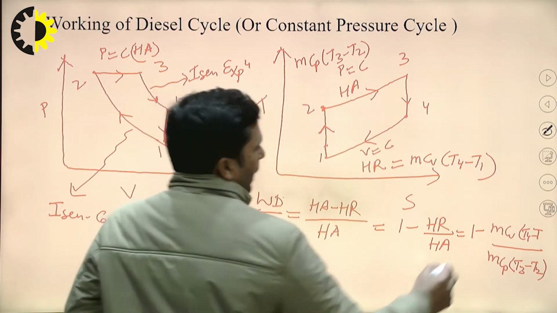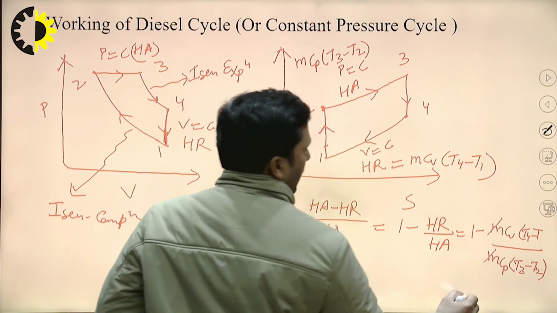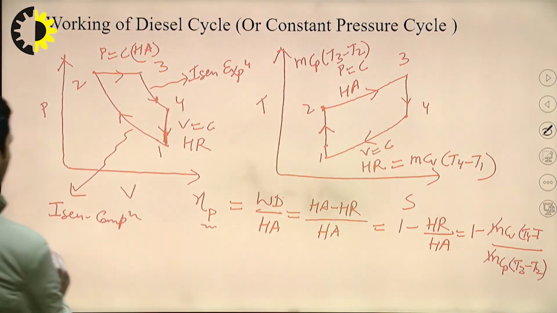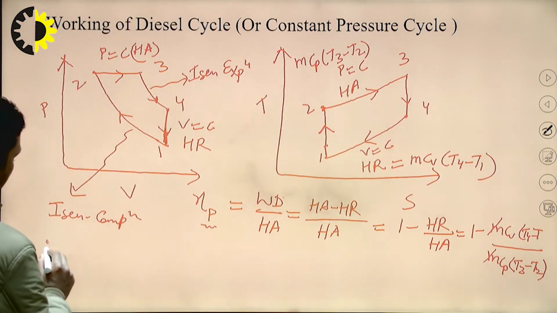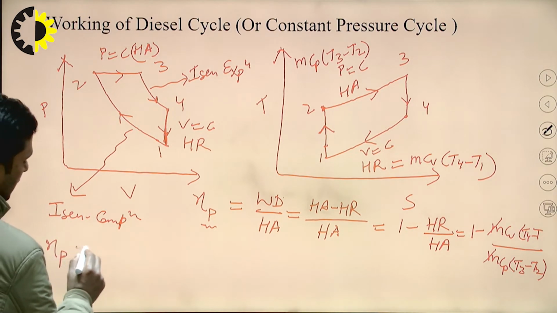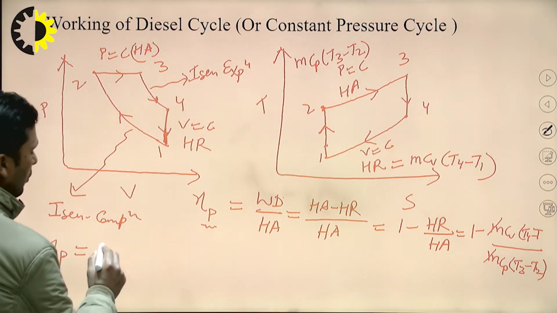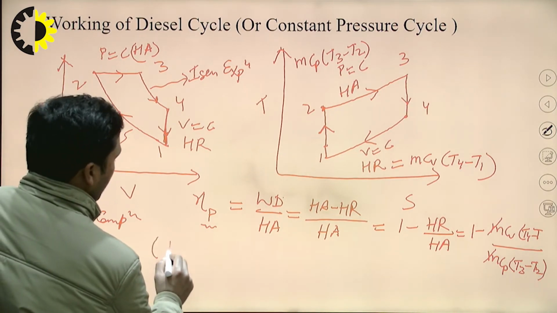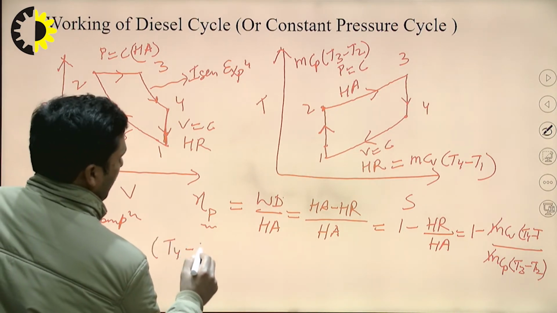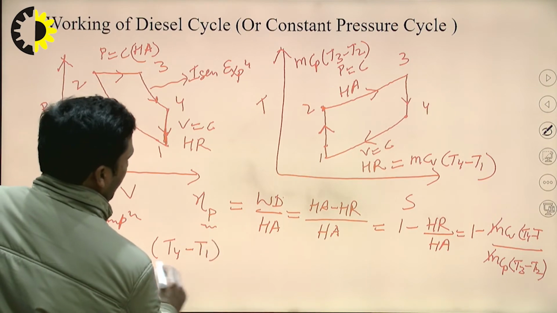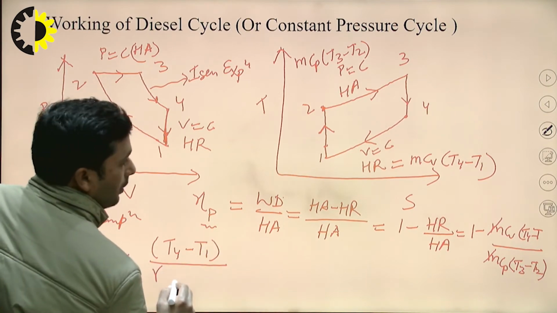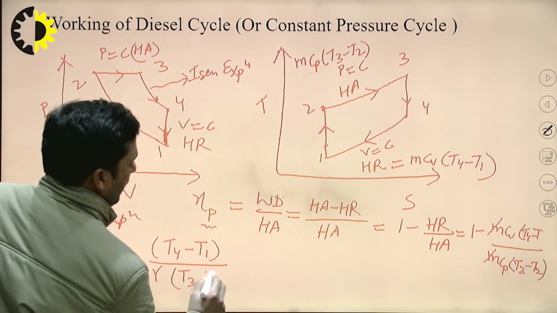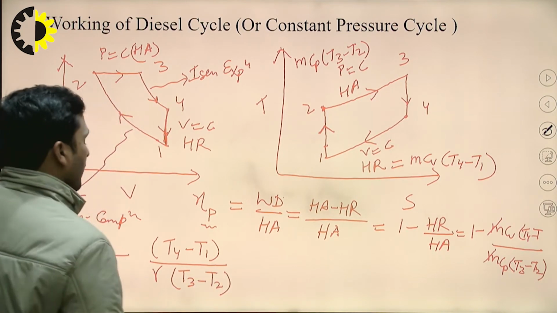So mass will cancel out from numerator and denominator, and we know that Cp by Cv is equal to gamma. So the expression of efficiency in the case of the diesel cycle will be equal to 1 minus (T4 minus T1) upon gamma times (T3 minus T2).